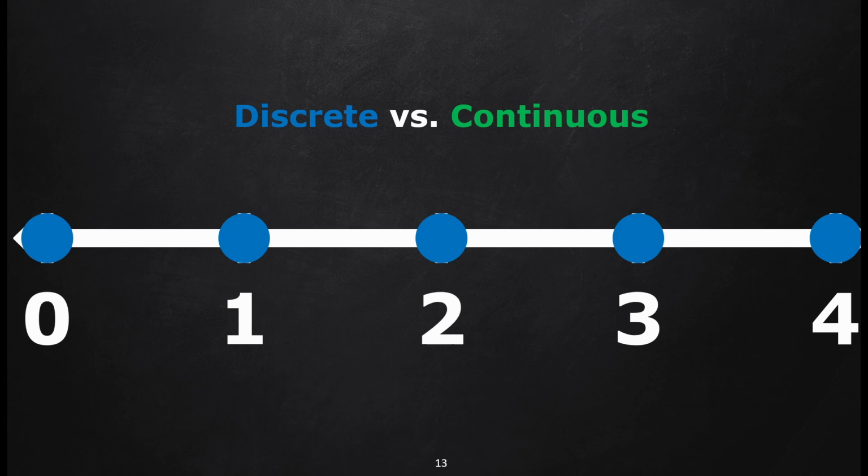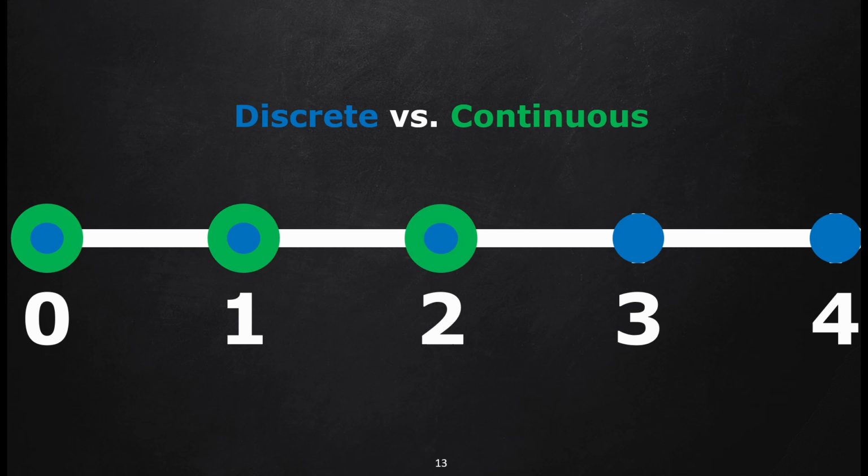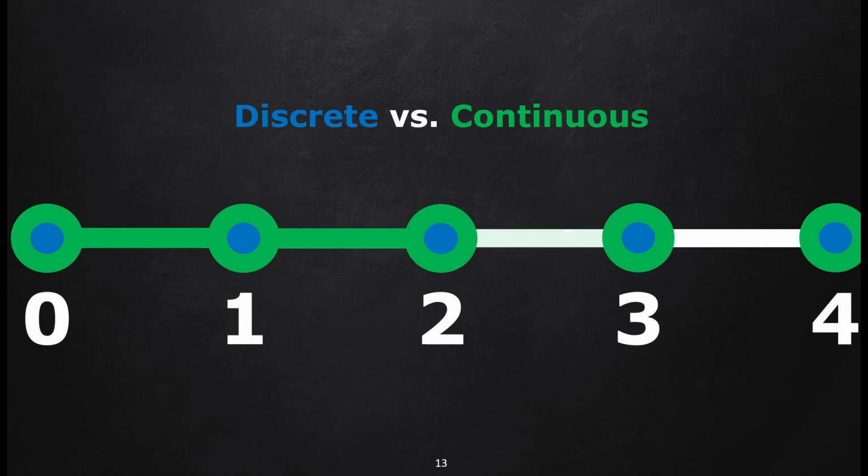Now, on the other hand, continuous values can also be whole numbers. If you measure the height of a tree, it could very much be exactly 3 feet tall. That could happen in nature. That's totally possible. But continuous values could also be fractions or decimals or percents or anything in between the whole numbers.